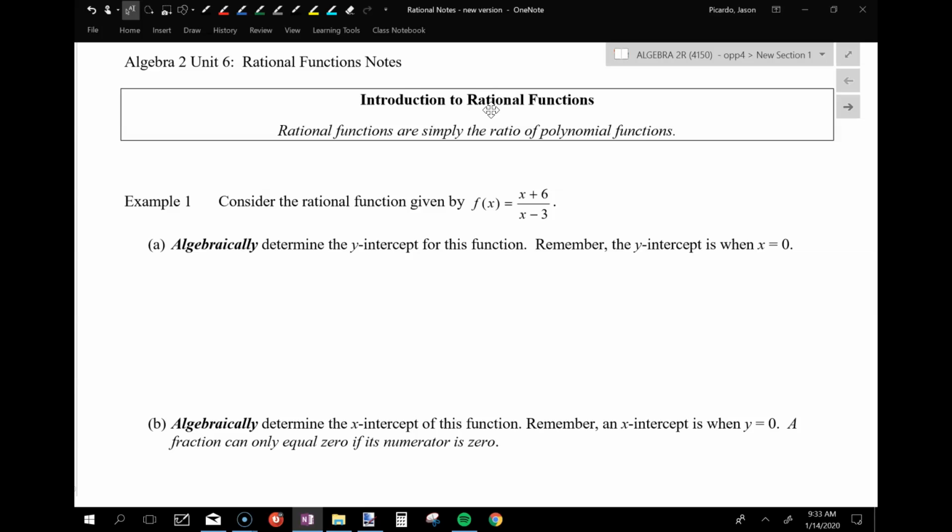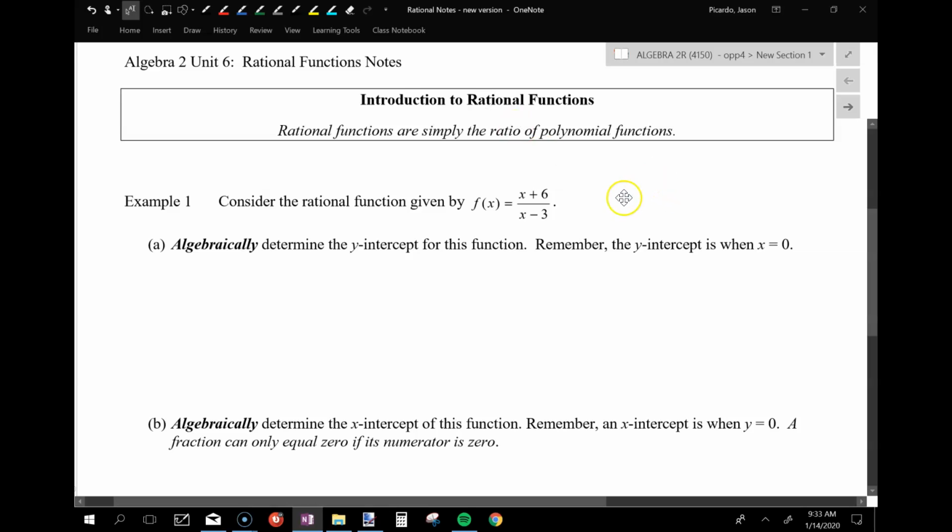Well, what's 0.33333 repeating the same as? 1/3. It's a fraction, right? Okay. 0.25. 0.25 is the same as what fraction? 1/4, right? So 0.25 is rational, right? So you have a rational function when you have a fraction with variables, hence the function portion of that, right?